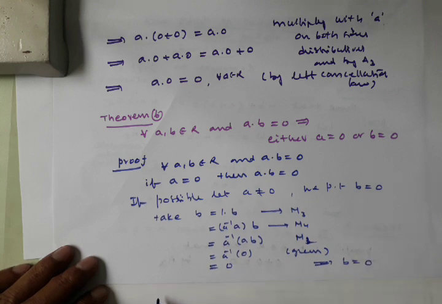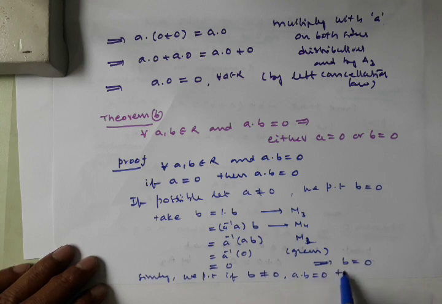Similarly, we prove that if B not equal to 0 and A into B is equal to 0, then A must be equal to 0.